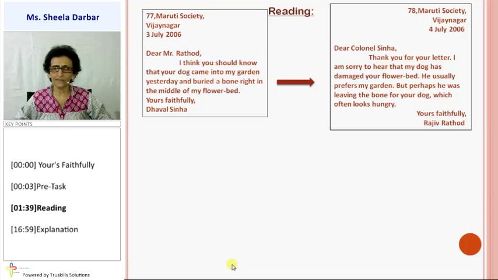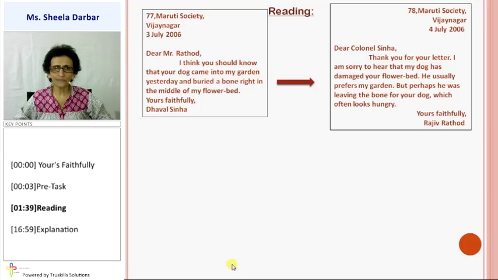"Thank you for your letter. I am sorry to hear that my dog has damaged your flower bed. He usually prefers my garden, but perhaps he was leaving the bone for your dog, which often looks hungry. Yours faithfully, Rajiv Rathore." So just note in this letter, first he is being courteous and saying thank you.